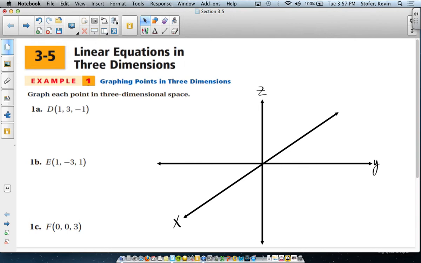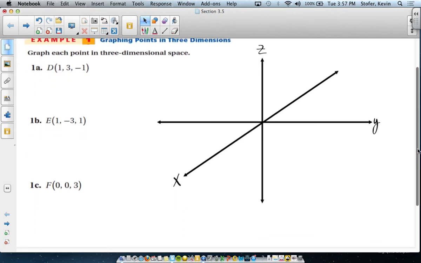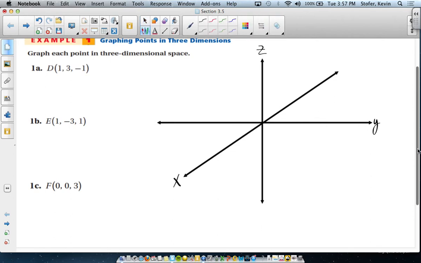All right, so if I go ahead and try to graph this, first coordinate, which is 1, 3, negative 1, my coordinates are going to be just like they were in 2 dimensions, x and y, except for now I have this third coordinate, z. All right, so my x coordinate is 1. I'm going to move forward, kind of along the diagonal, but move forward towards you 1 unit.